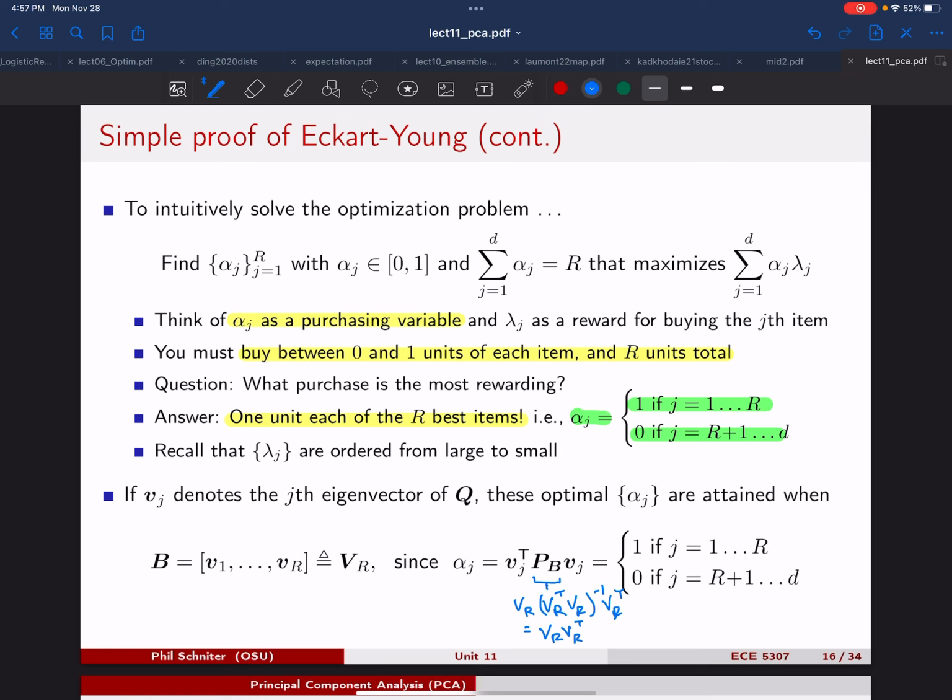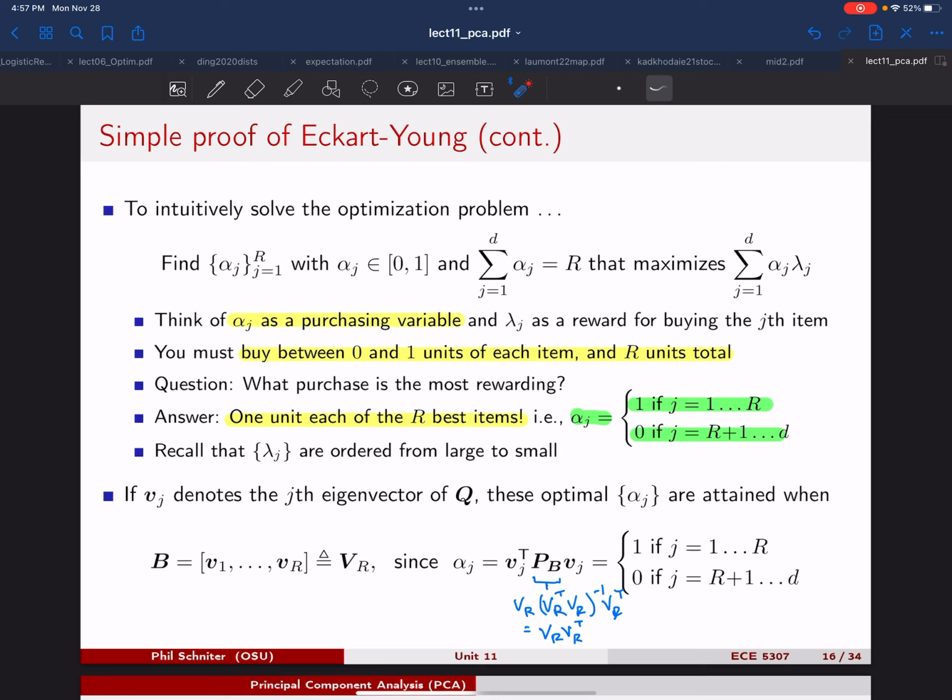And now you can see that if you plug this into this expression, whenever j is between 1 and R, when you multiply this on the right by vj, you get a vector where the jth element is 1 and all the other elements are 0. And you're doing that on the right and left.